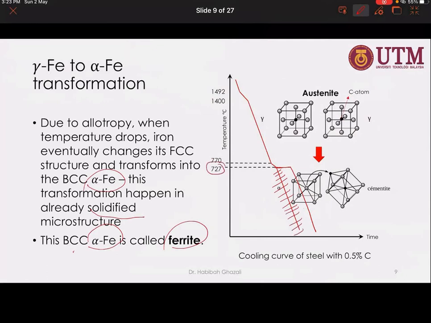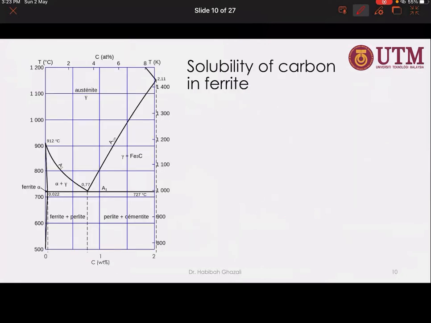Why at 727 can you see a constant temperature? Due to the isothermal reaction. At this point, the carbon inside the FCC structure, which is from austenite, forms cementite. So this is what happens.